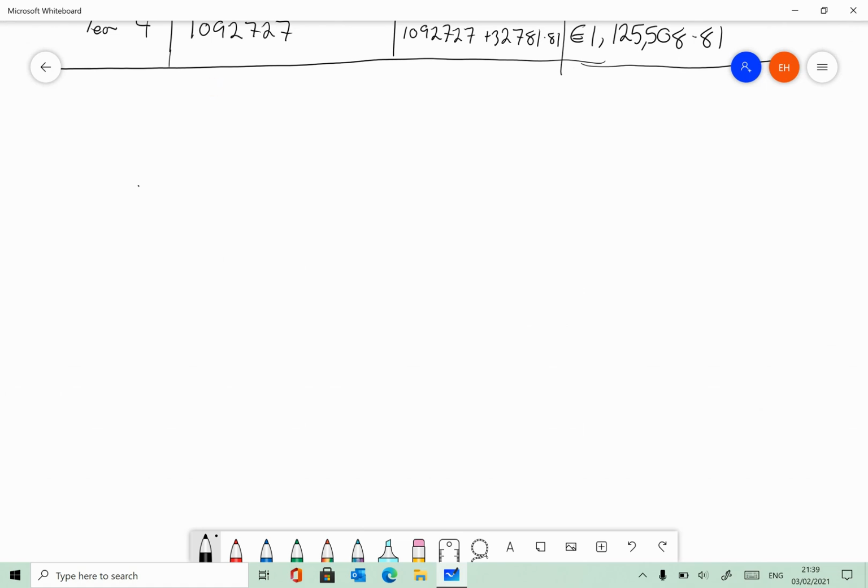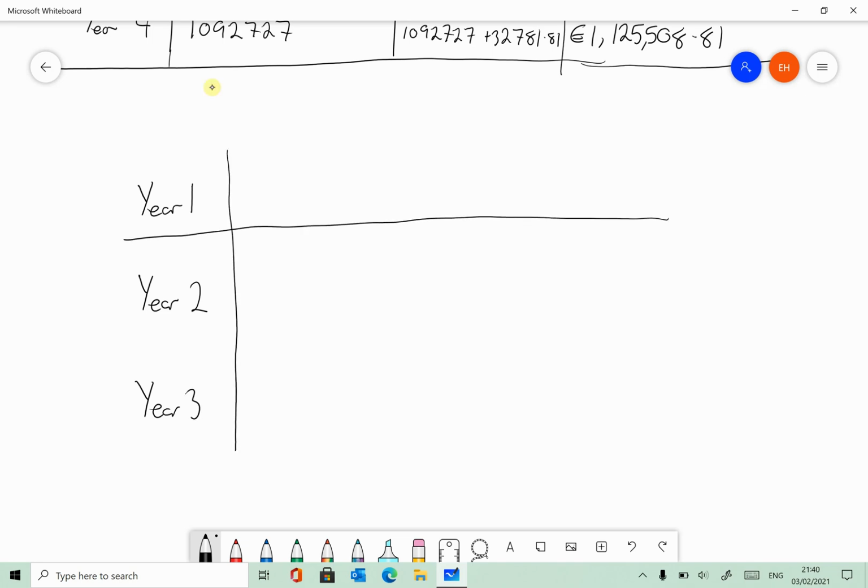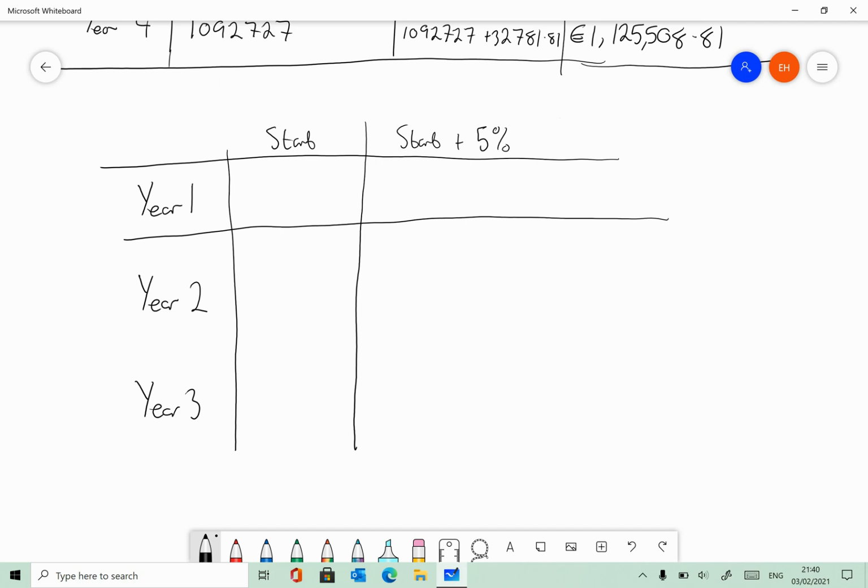So we're going to go for year 1, year 2, year 3, and it's start, start plus, what are we talking about this time? This time it's 5%, and we have end.